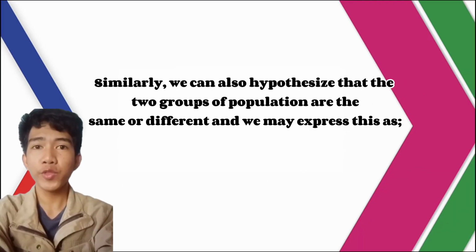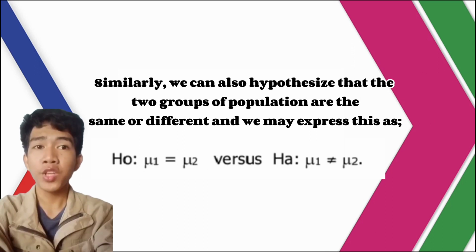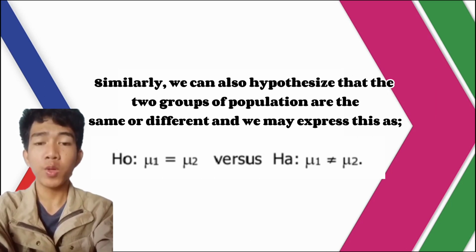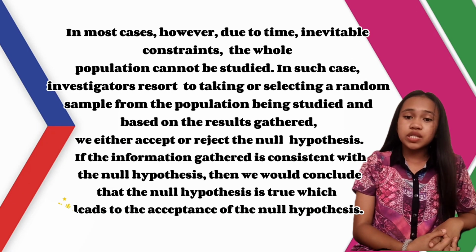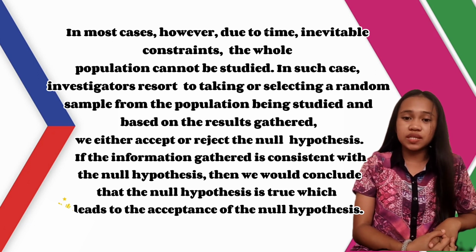Similarly, we can also hypothesize that two groups of population are the same or different, and we may express this as null hypothesis, mean 1 is equal to mean 2, versus alternative hypothesis, mean 1 is not equal to mean 2.